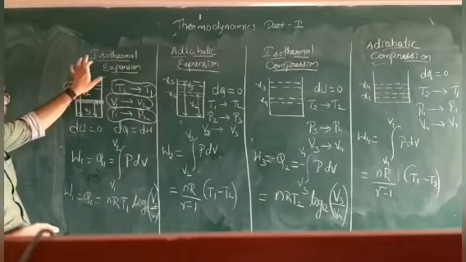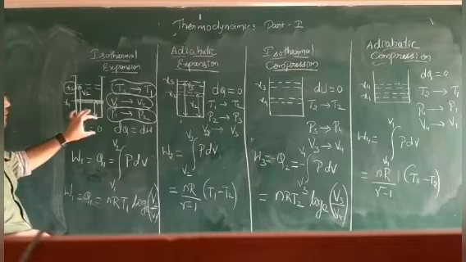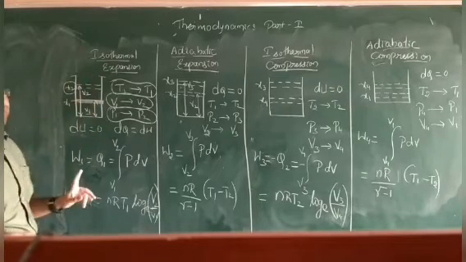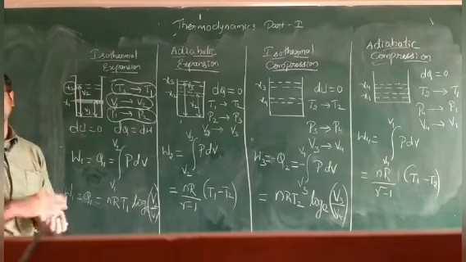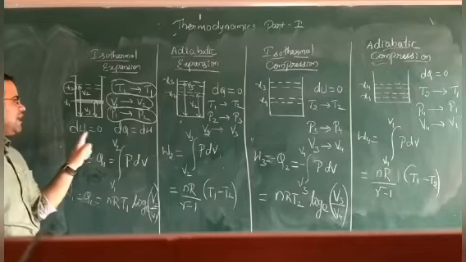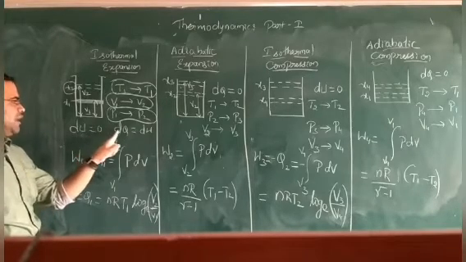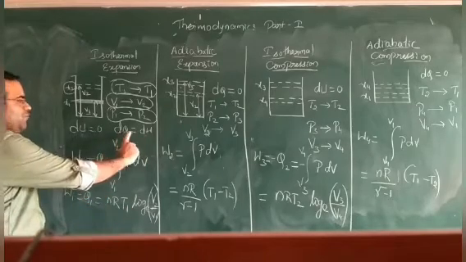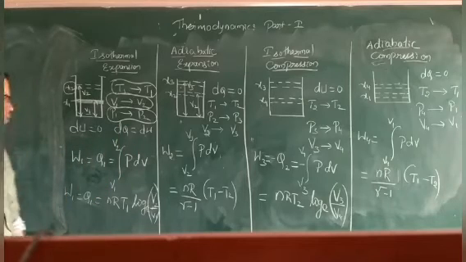Whenever we have the isothermal process, the change in internal energy will be zero, because the temperature is constant, and when temperature is constant, internal energy is constant. So dU should be taken as zero. Now dQ is equal to dW, according to the first law of thermodynamics.